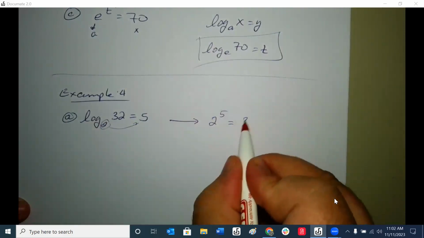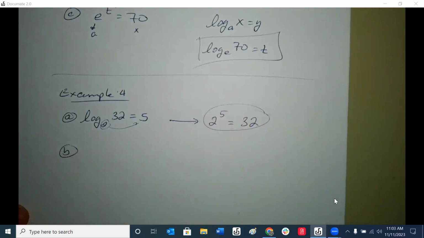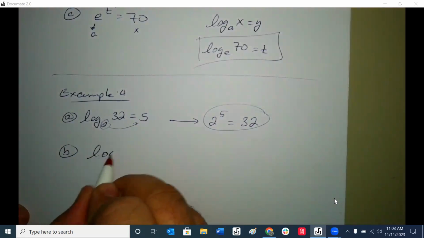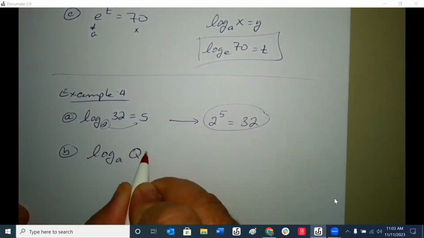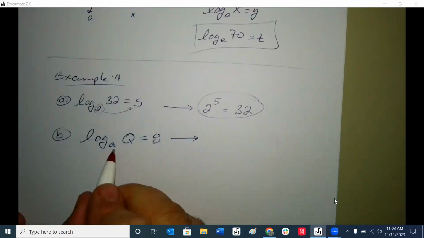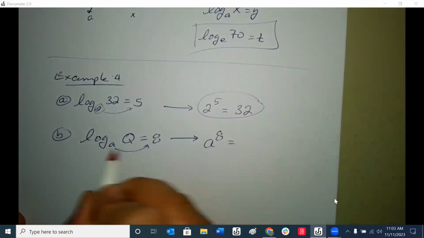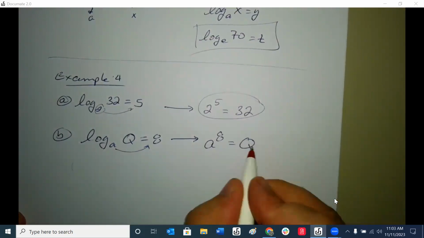The log drops off, equals 32. Log base A of Q equals 8. The base pushes up the answer. The log drops off. We just have a Q.